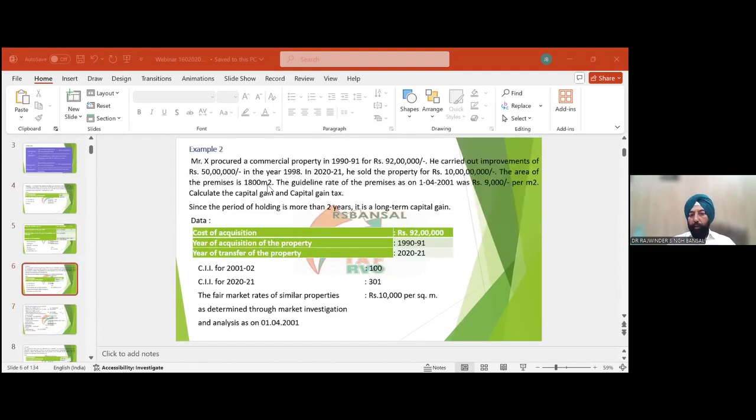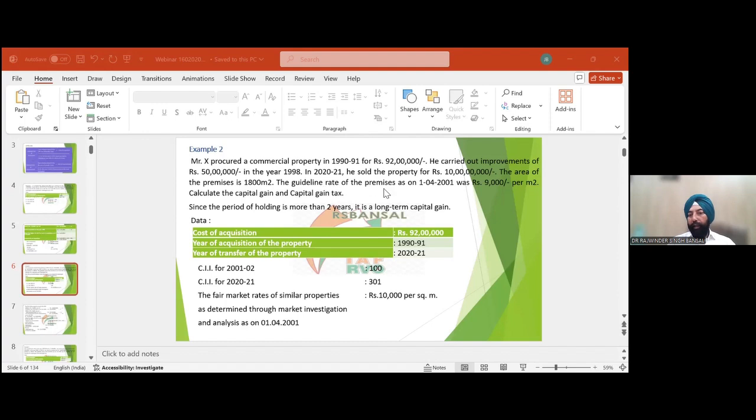Mr. X procured a commercial property in 1991 for rupees 92 lakh. He carried out improvements of rupees 50 lakh in the year 1998. In 2021, the property was sold for 10 crore rupees. The area of the premises is 1800 square meters.